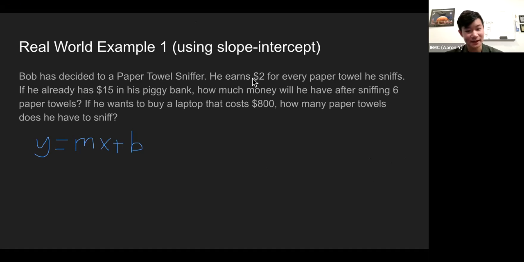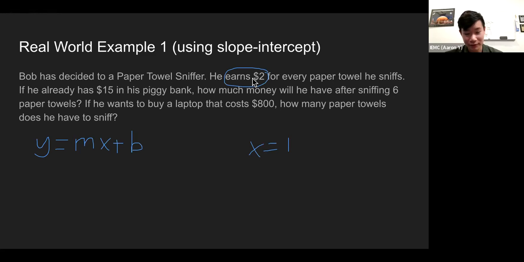So it's a little bit complicated, especially with word problems where you have to deal with everything that's going on. But for this question, we know that he earns $2 for every paper towel he sniffs. Now, what does this mean? For example, if he sniffs 1 paper towel, so if X is 1, how much money will he make? What will Y be?